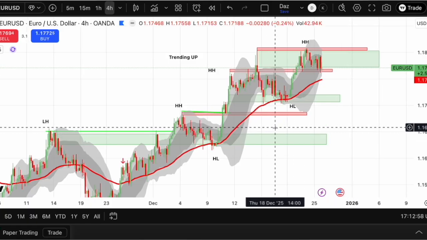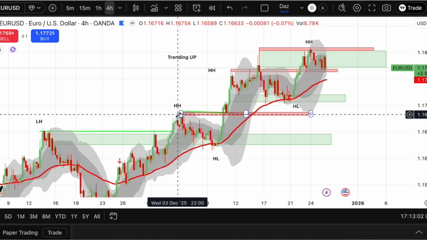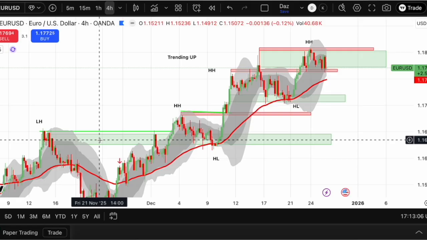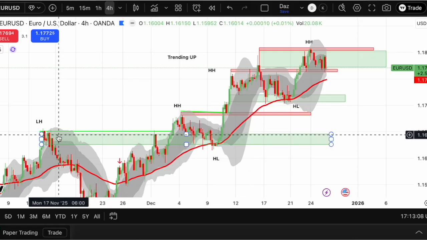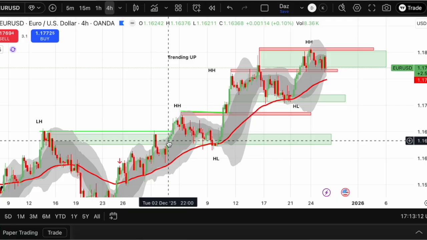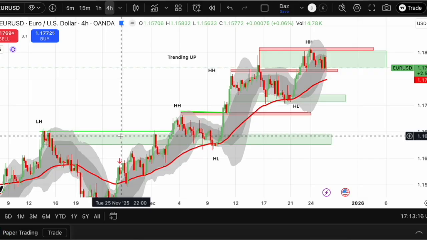Uptrend, okay. As it's trending up, it pushes past this resistance. Now resistance is the ceiling and support is the floor. This was resistance here, and then as it pushes up, this becomes the floor. So in the uptrend, the last resistance now becomes the support.